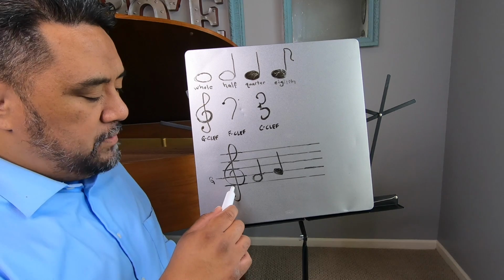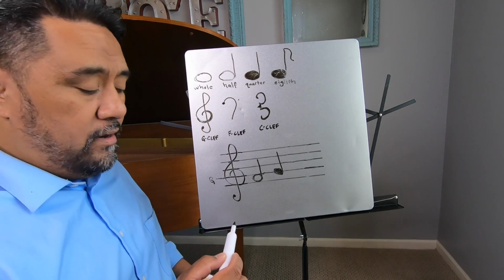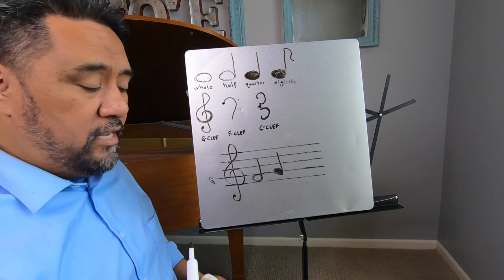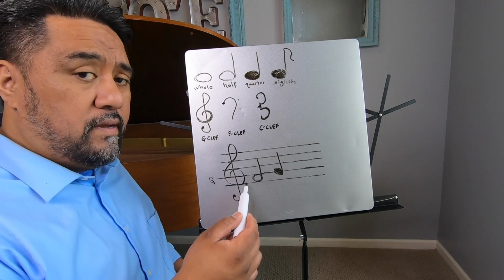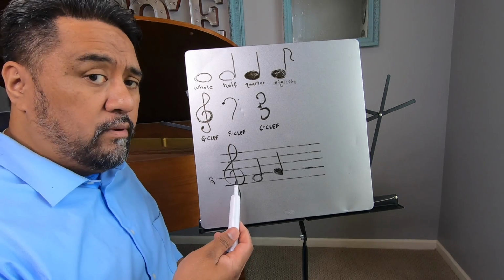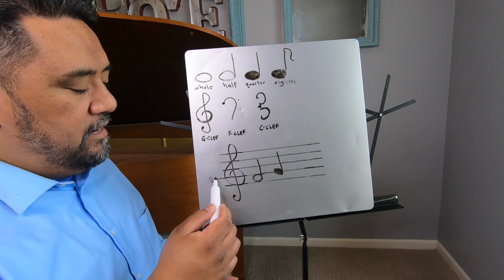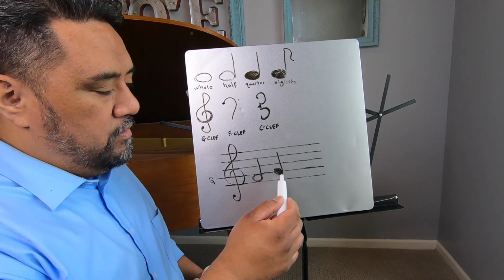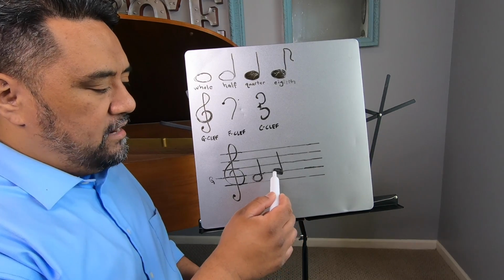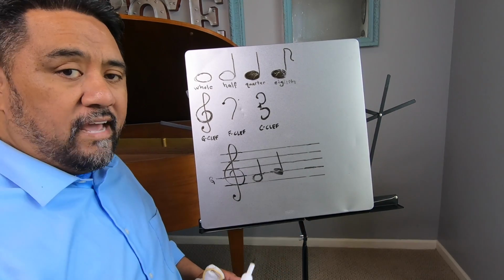Say it starts on this bottom line here and it circles around there, then that bottom line is G. When the G clef is circled around that second line, it's called the treble clef. That probably sounds familiar to you guys. So with the treble clef, that second line is G. Now we know this note that's placed with that line going through the middle of it, that's G.